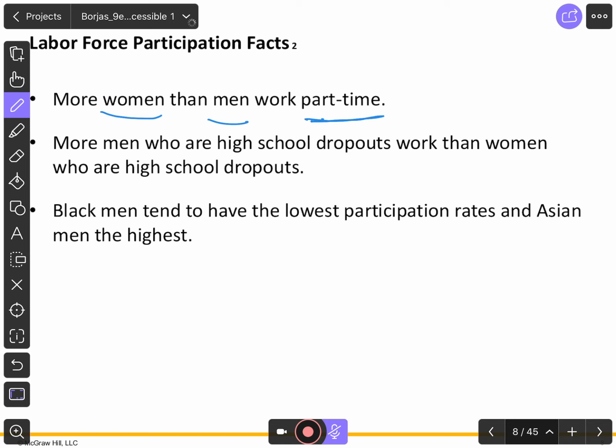When we look at high school dropouts, we will find that men have better privilege. You have more men who are high school dropouts who find a job or work than females. Also, in terms of race, Black men tend to have the lowest participation rate, and Asian men have the highest participation rate.